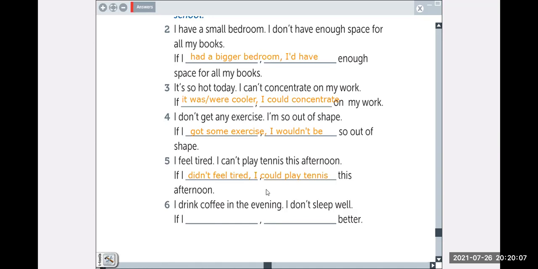Number 6, I drink coffee in the evening. I don't sleep well. If I didn't drink coffee in the evening, ¿qué más?